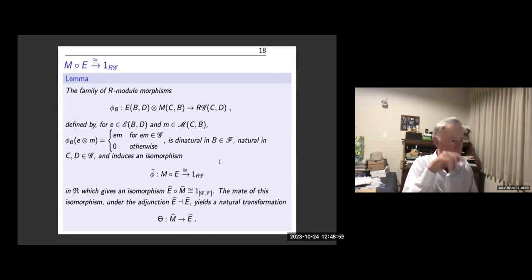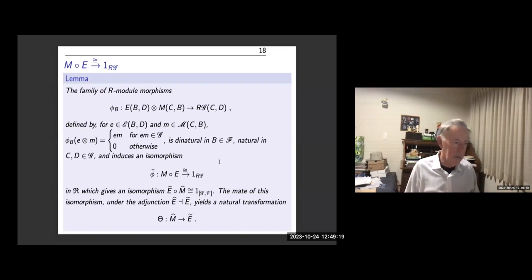And so when you apply hat, the hat process was contravariant, and it's a pseudo functor, so it takes adjunctions into adjunctions and composition into composition. Anyway, it turns the composition around, and so you get that the composite of these functors, E hat and M hat, are actually identity functors.